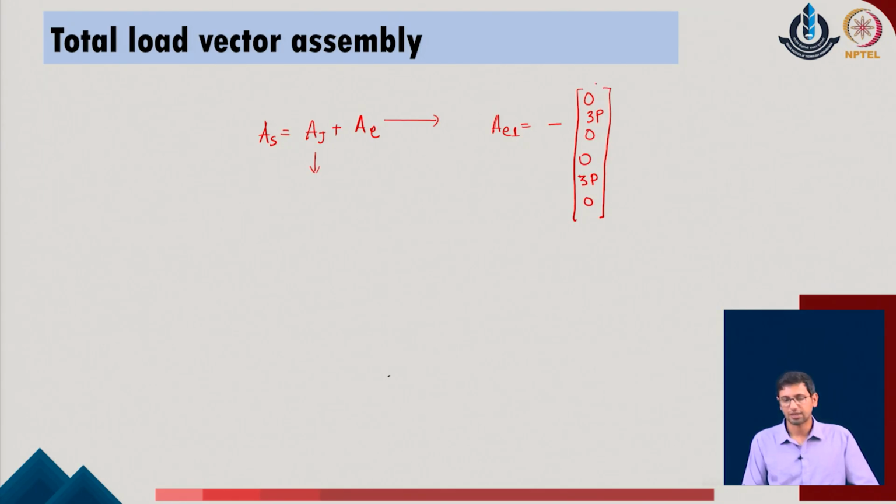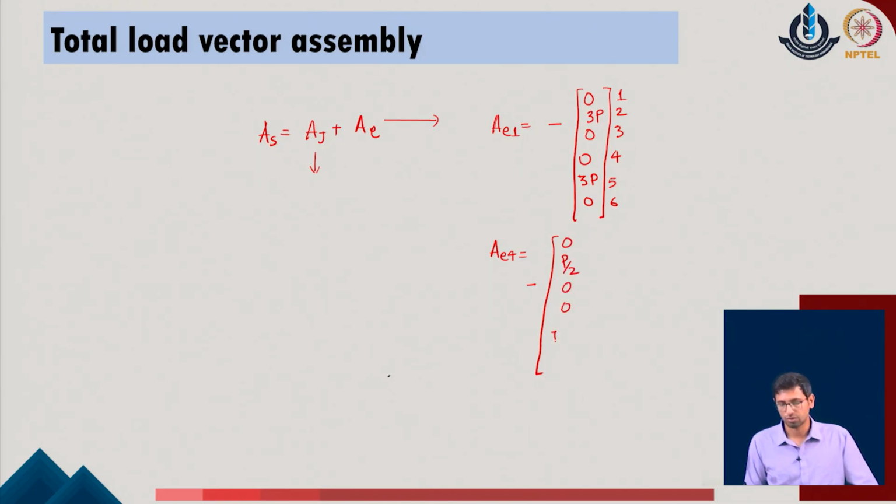But we also realize that these 6 values are in the positions of 1, 2, 3, 4, 5 and 6 in the given system. Similarly, the AE4, which is for the member 4 in the system, is also evaluated, and those values also come out with the negative sign: 0, P by 2, 0, 0, P by 2 and 0 in the given system.